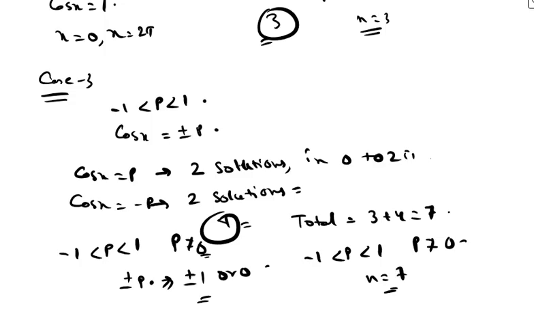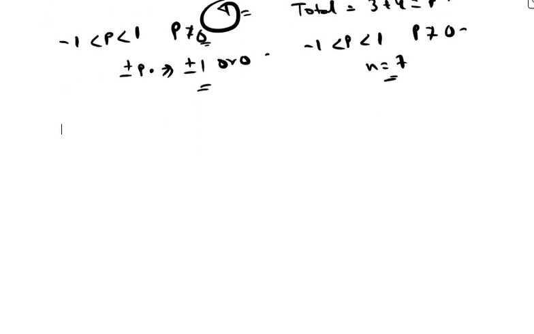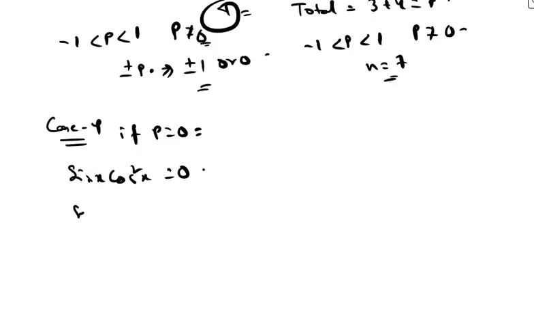Now a special case, that is if p is equal to 0. So if p is equal to 0, the equation becomes sin x cos² x is equal to 0. So either sin x is equal to 0 or cos² x is equal to 0.